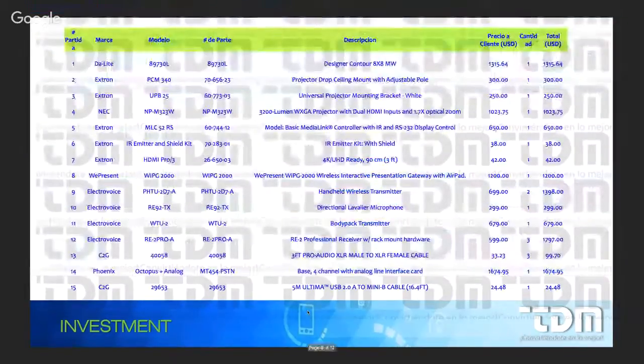And here we have the investment. Let's remember that the major investment that you are making is in the people that are participating in our multipurpose room. That's the major investment that you are making, in your people. So here we have the brand, the model, the part number, the description, the investment, the quantity, and the total.